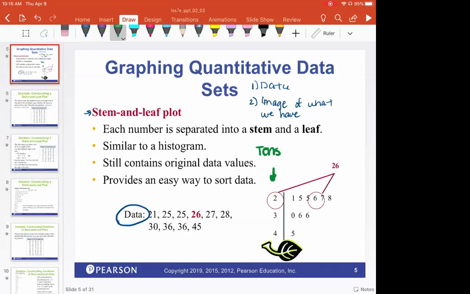So we know that 2 stands for 20, 3 stands for 30, and 4 stands for 40. Now these values here are your ones. So you can think of it as 21, 25, 26, 27, 28, because we're in the 20s, and so forth for the rest, like 30, 36, and 36. That's where all these values come from.